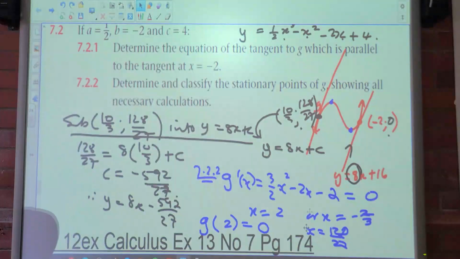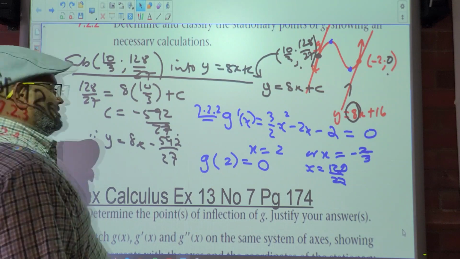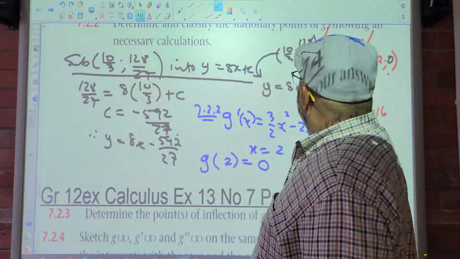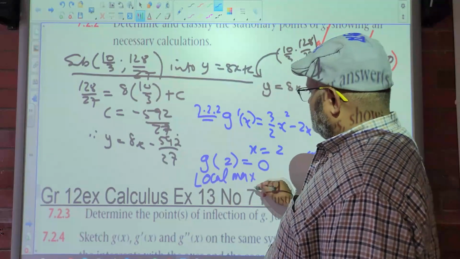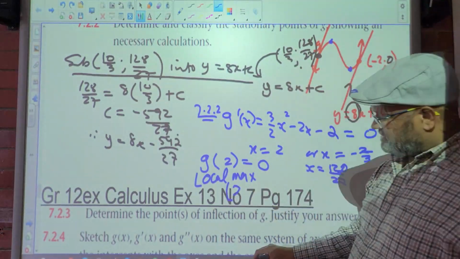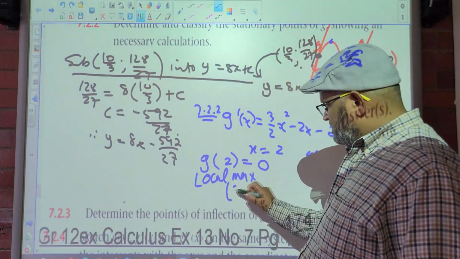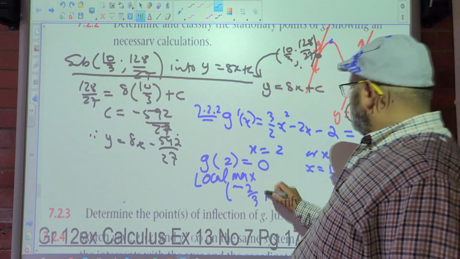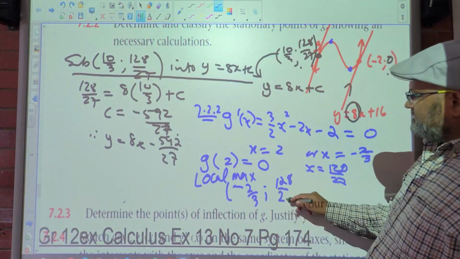As you can see, the maximum precedes the minimum there. So what we say is, your local max, as you can see, negative would come first. It's negative 2/3, and the corresponding y value of 128 over 27. Is that correct?